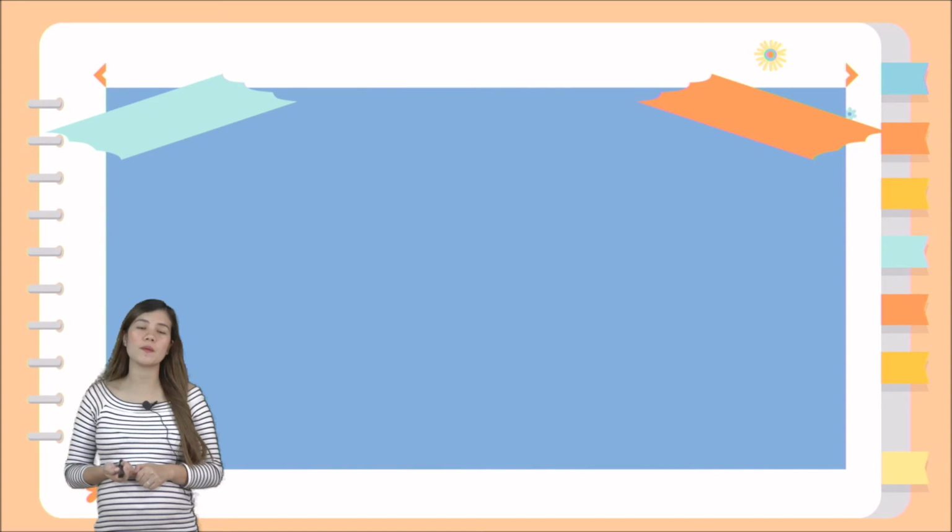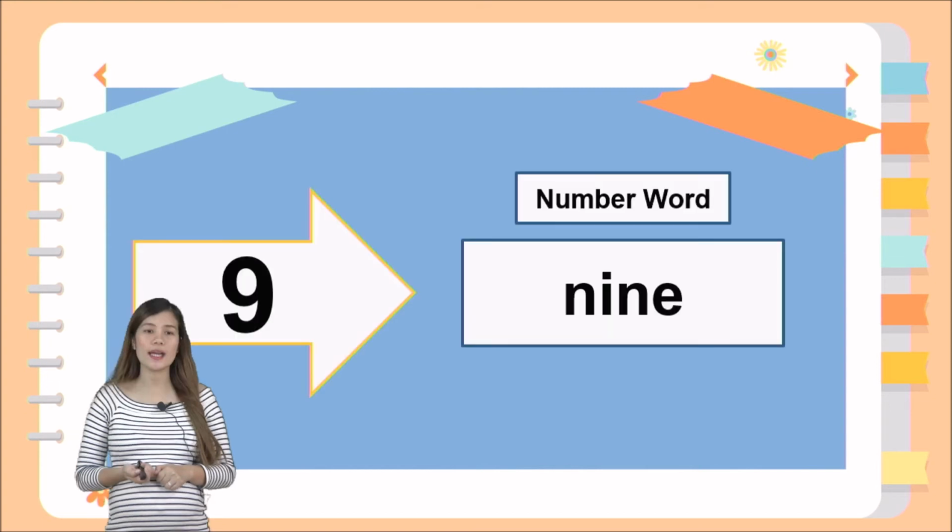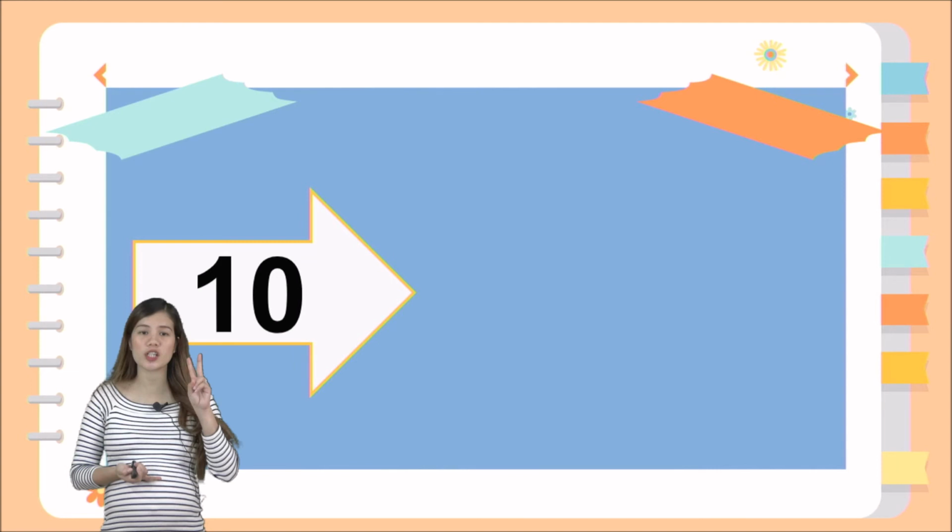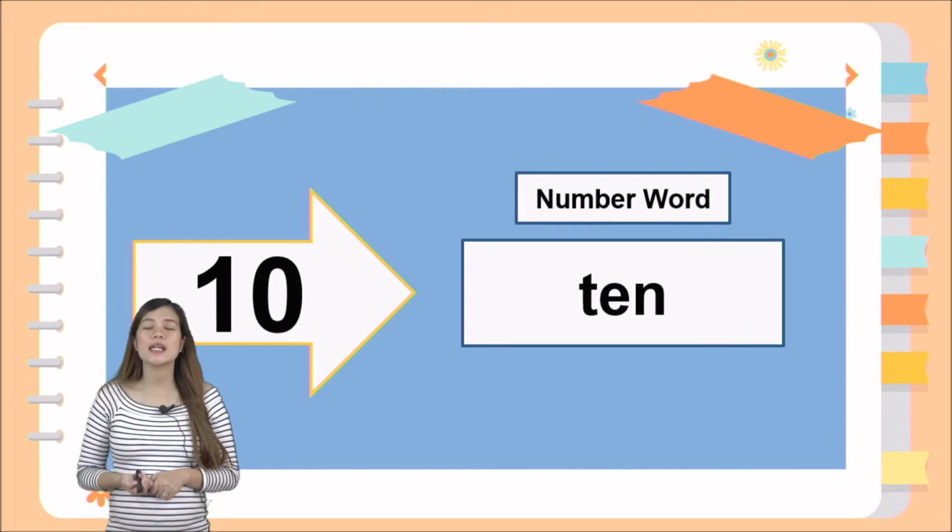The number word is N-I-N-E. Again, N-I-N-E. And then the next one, we have number 10, 1-0. And the number word is T-E-N.